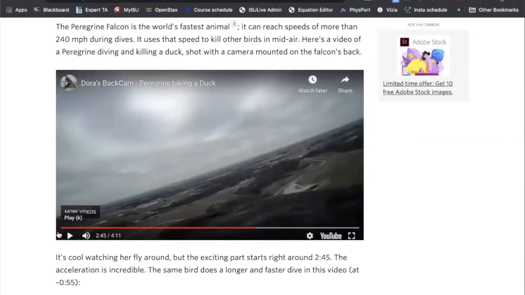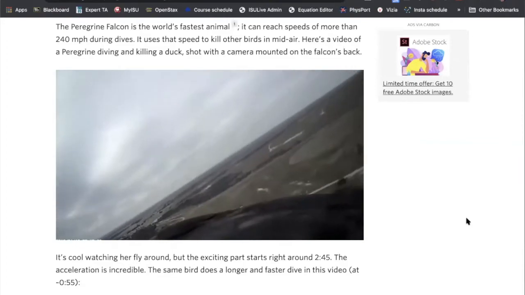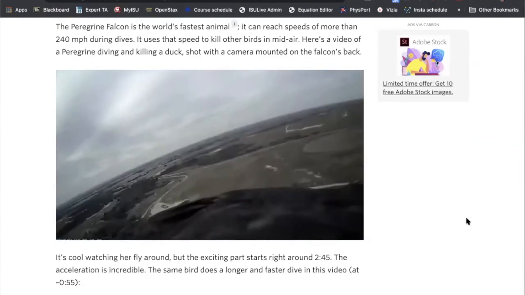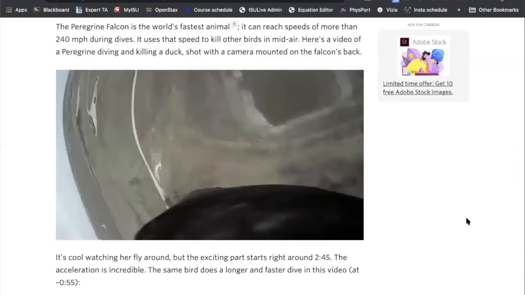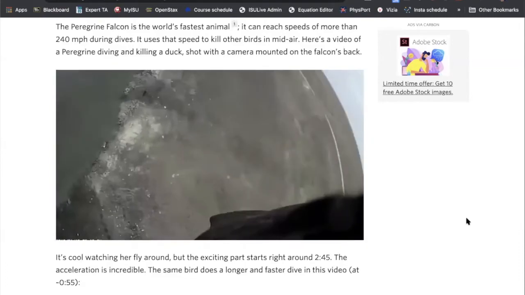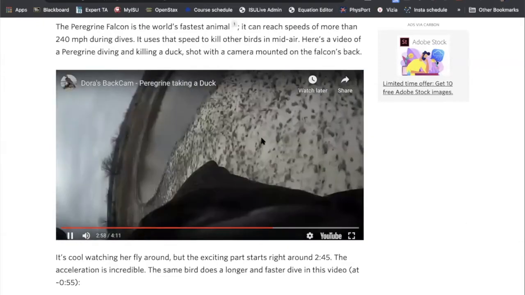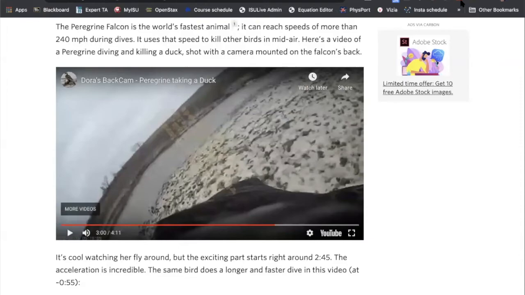So let's go here. Here is a video of a different falcon, the one with the back cam, taking a duck from midair. So this is going to be our example of a perfectly inelastic collision.